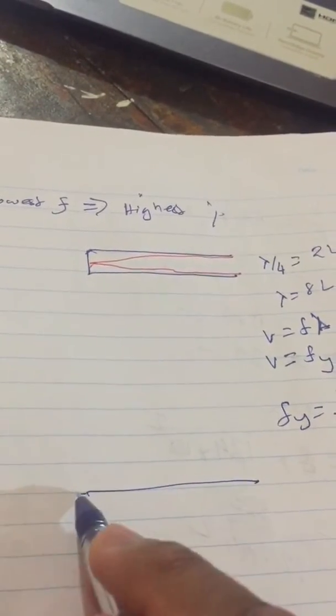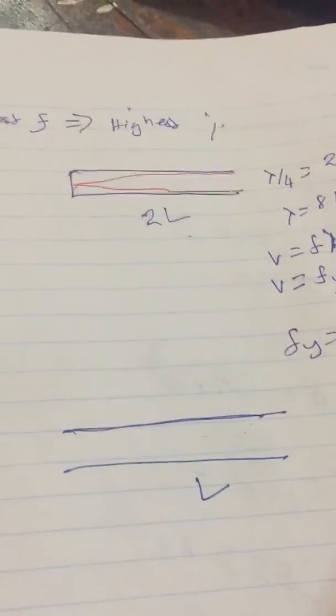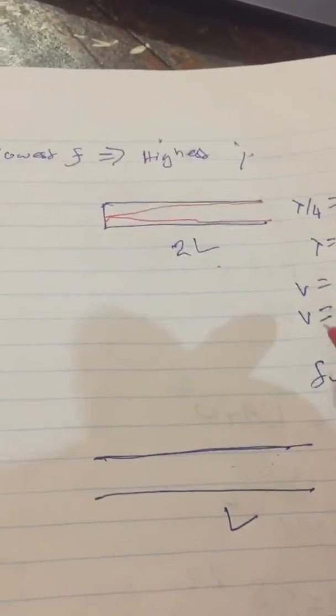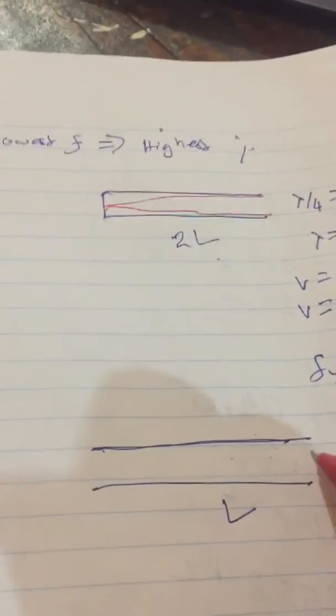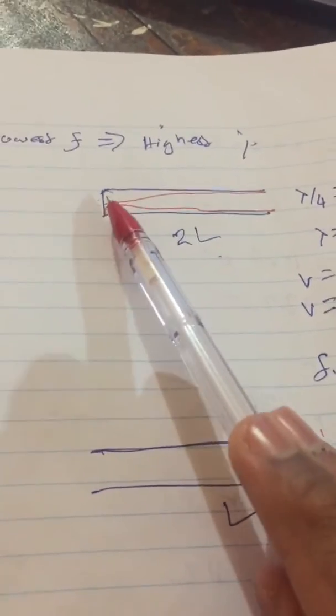Now I'm taking the open-ended tube, which is length L. I'm drawing them to the same length, but this is 2L and this is L. Okay, so again the same idea, but only a small difference. Here open end should have an antinode, anywhere open end should have an antinode, but the issue is here we have two open ends, unlike here where we have one closed end and one open end.